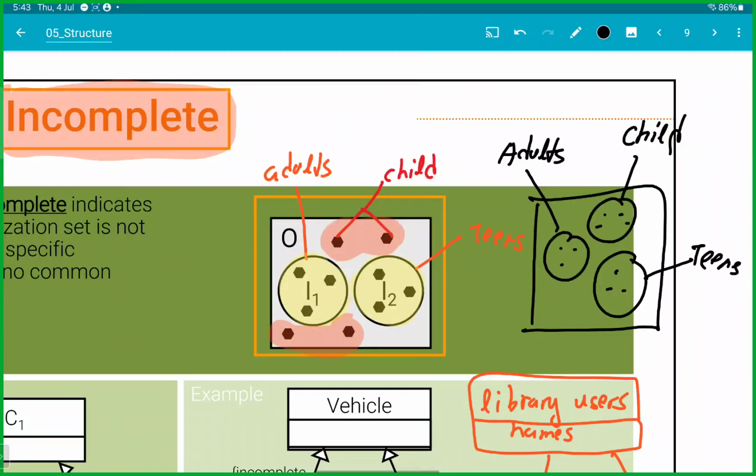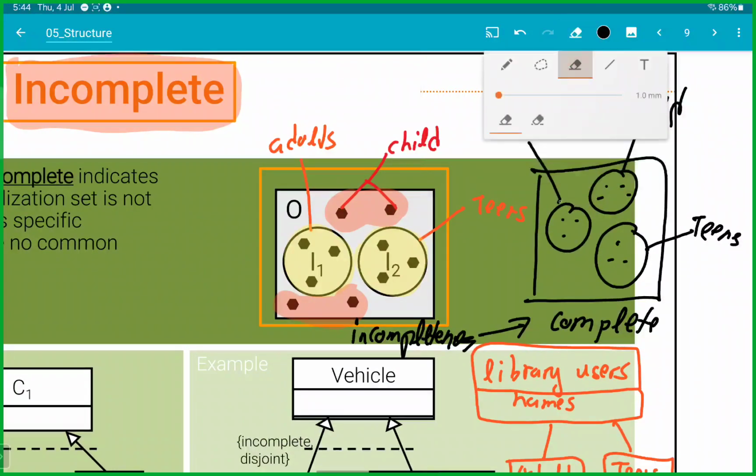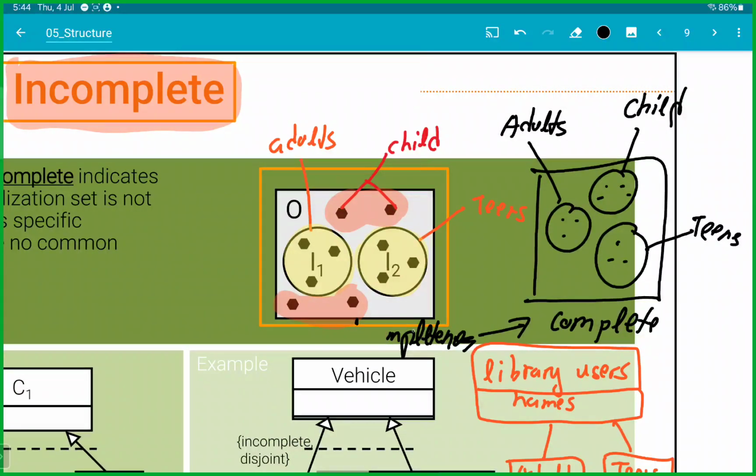Now I put four members on the inside, and therefore they are now part of a newly created subclass. Therefore, now this has gone from incompleteness to completeness. So this is to give you the understanding of incompleteness and completeness.